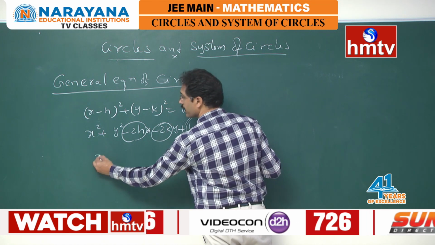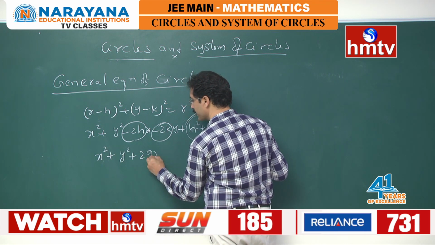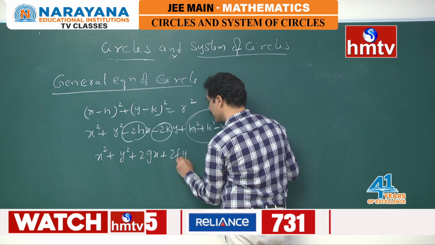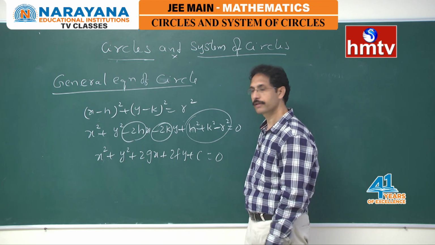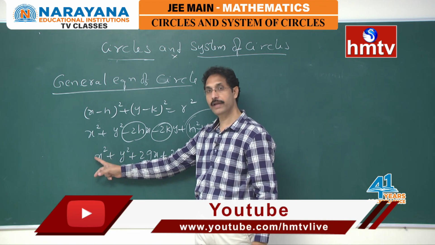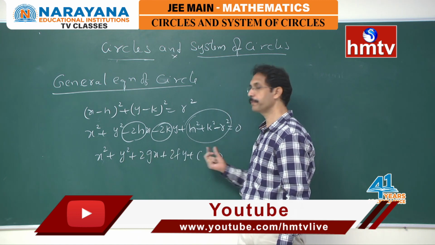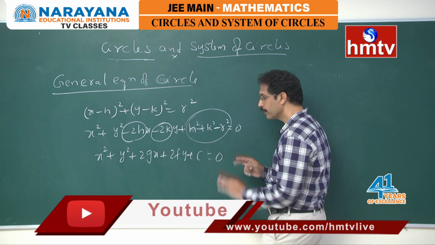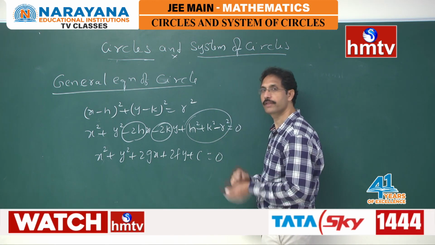Then the equation of the circle can be written as x square plus y square plus 2gx plus 2fy plus c is equal to 0. This is the general equation of the circle. That means it is in the form of ax square plus by square plus 2gx plus 2fy plus c format.